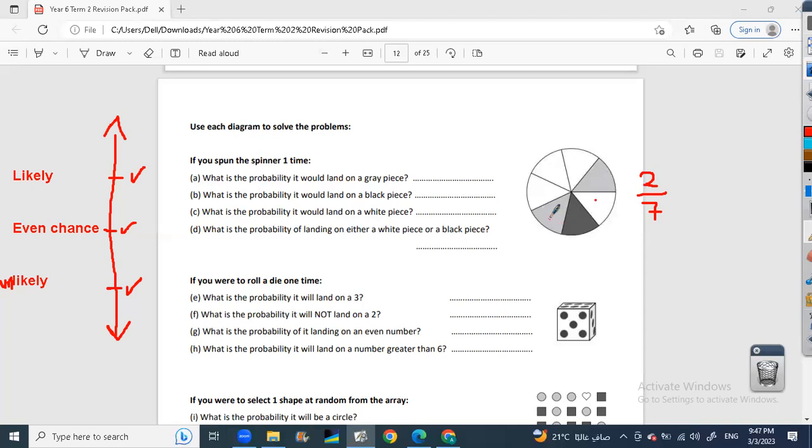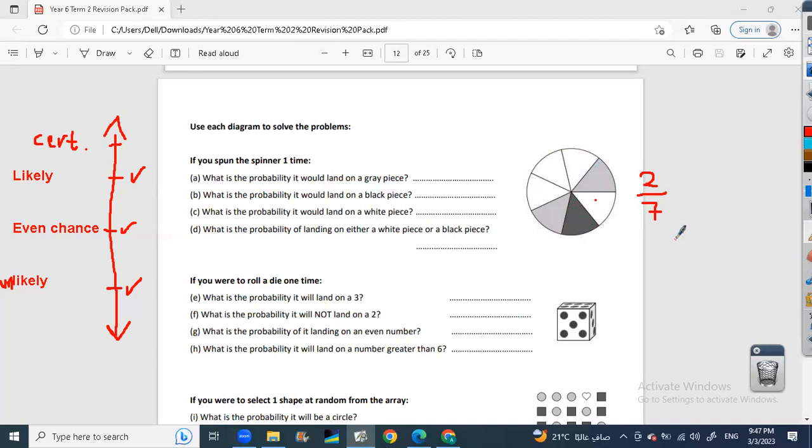Well, the answer is certain, because it is 7 out of 7, mister. It is certainly going to happen. So here I'm going to add certain. Okay. All right. So here, if I say to you, would it land on anything except white, gray, and black?